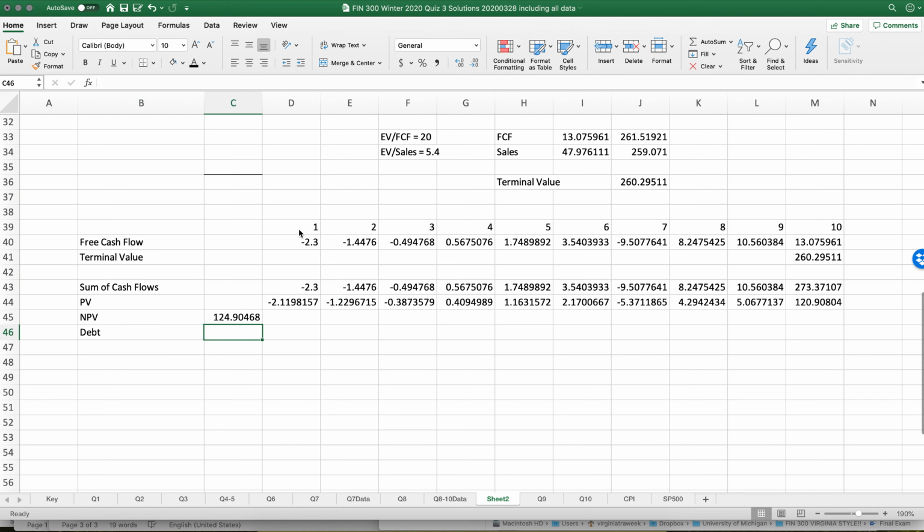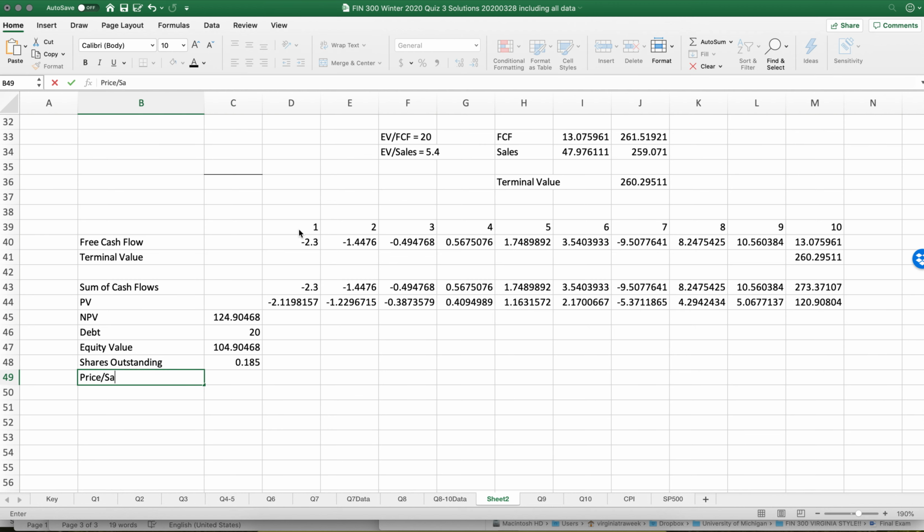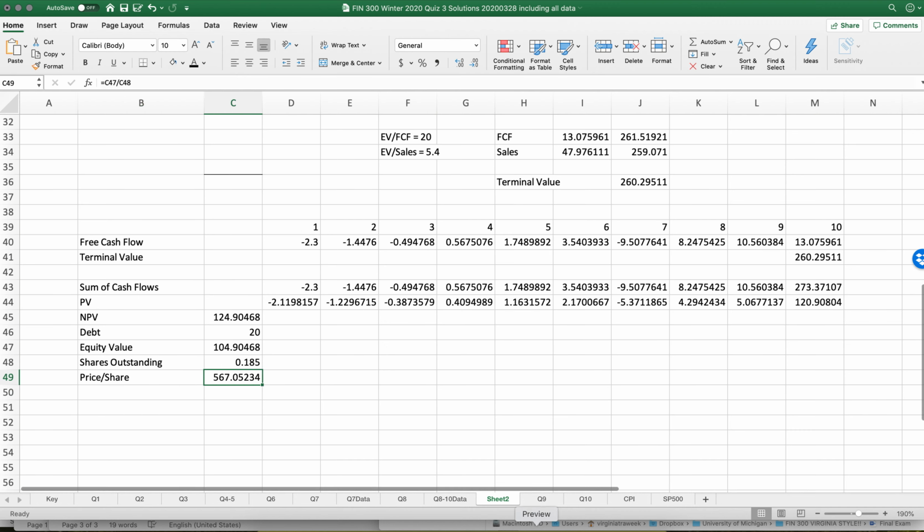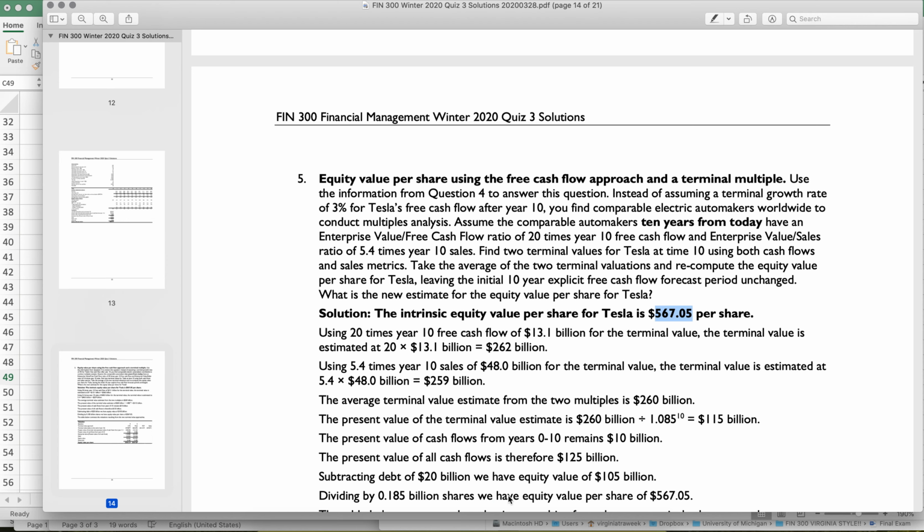Our debt is 20, so that means our equity value is going to be, our shares outstanding 0.185. So that means our price per share should be equity divided by shares outstanding, and we get 567.05.